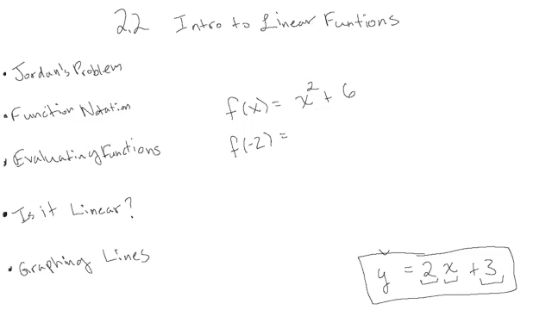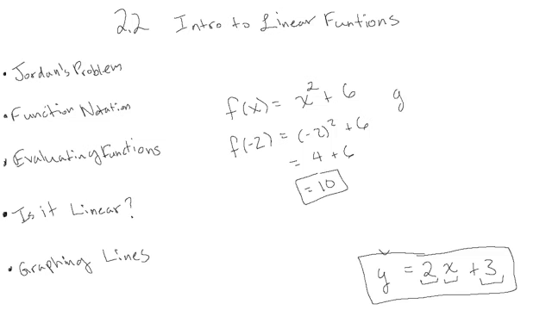What you do is you take the -2, and wherever x was in your equation, you replace that x with -2. So you would have -2 squared plus 6. Does that make sense? Then -2 squared is -2 times -2. Negative times negative is positive, so you got 4. 4 plus 6 gives you 10. So this would be my answer. If I said evaluate f of -2, then f of -2 would be 10.